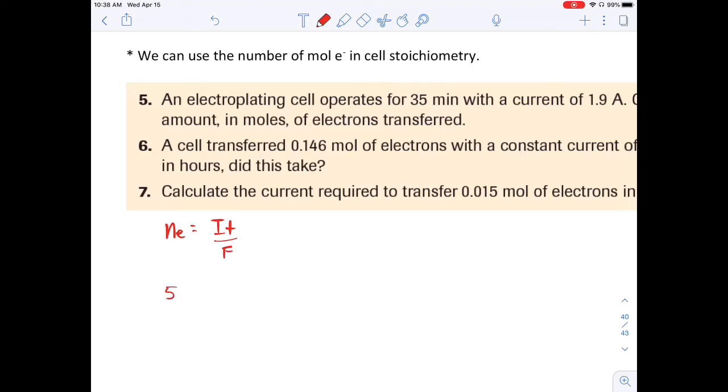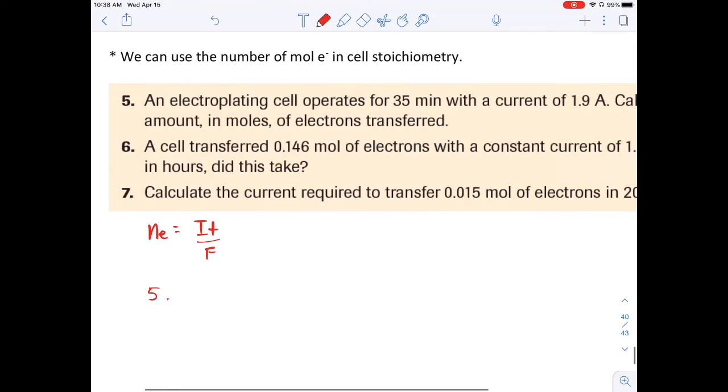For question 5, it says that the cell is operating for 35 minutes, so I'm going to make that into seconds. In 1 minute I've got 60 seconds, so that's 2100 seconds. It's got a current of 1.9 amps.